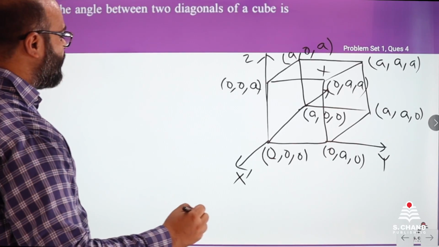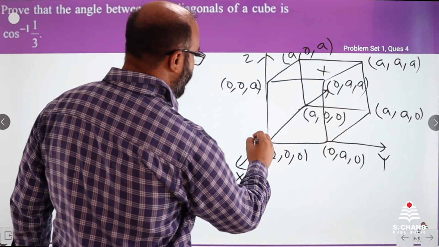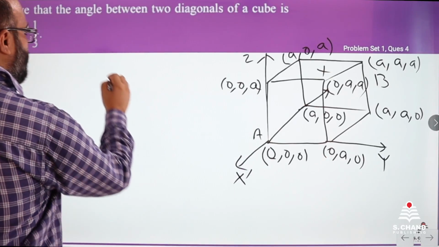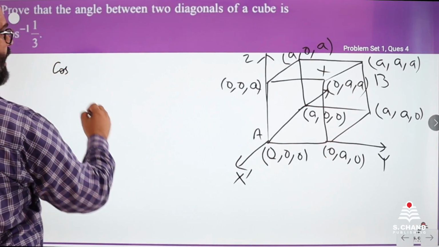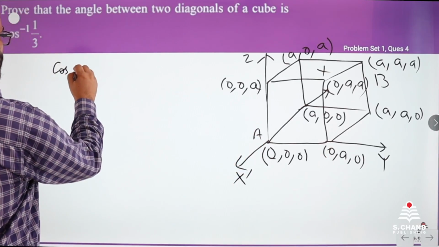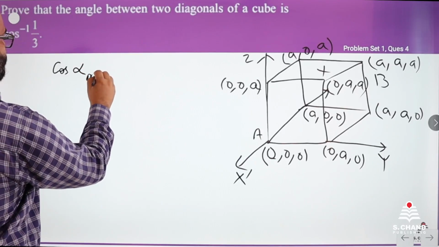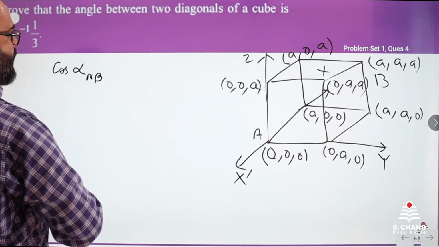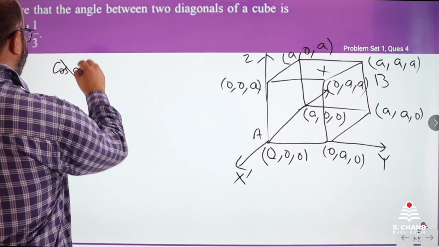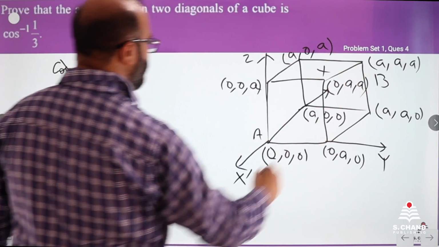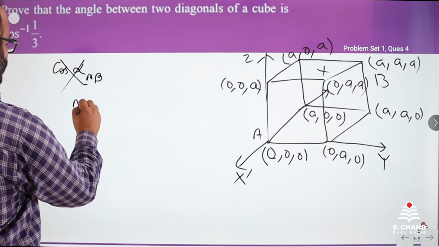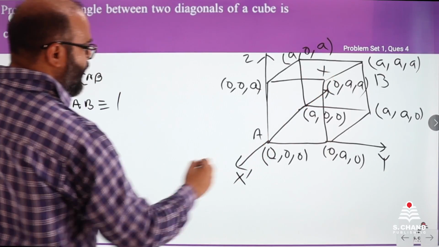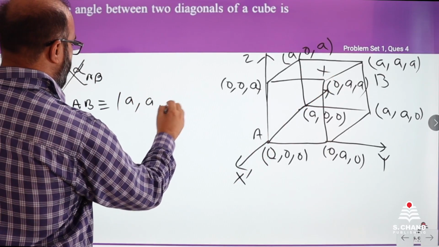Now if you want to find the angle between two diagonals, let us take one point A and opposite to that this B. So cos of the angle alpha, which AB, and we can say that this is AB. We can take the direction ratio of AB. So AB will have the direction ratio as a minus 0, a minus 0, a minus 0.